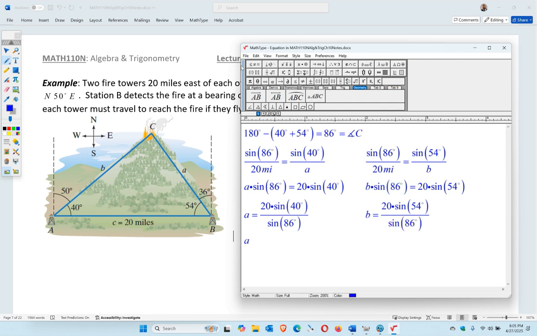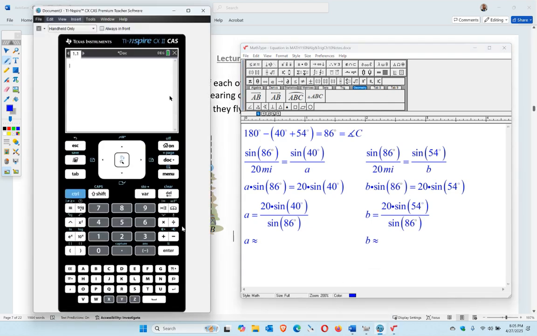So A is approximately, and B is approximately. This is where our calculator comes in. So 20 times sine of 40. Again, if you don't have ratios, it's fine. Just do division and make sure you have proper parentheses, because the whole thing is divided by sine of 86. Make sure it is in degree mode.